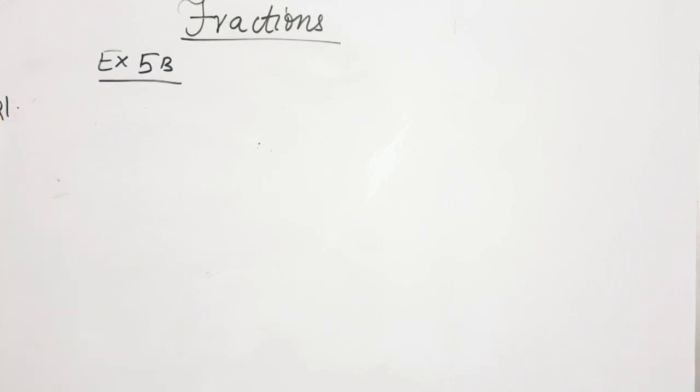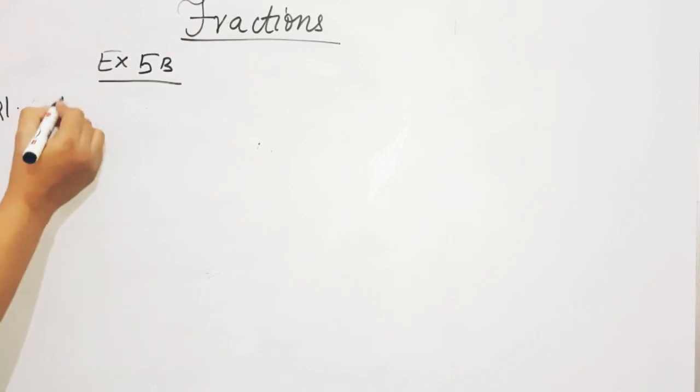You have to do this question in your maths classwork copy. Which of the following are proper fractions? Now what were proper fractions? A fraction where the numerator is less than the denominator. Now one by one I will be writing all the fractions, so you have to tell me whether it is a proper fraction or not. You may pause the video and reply to me in the comment section.